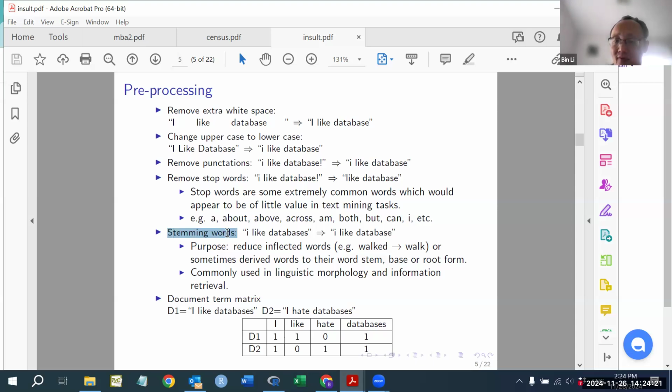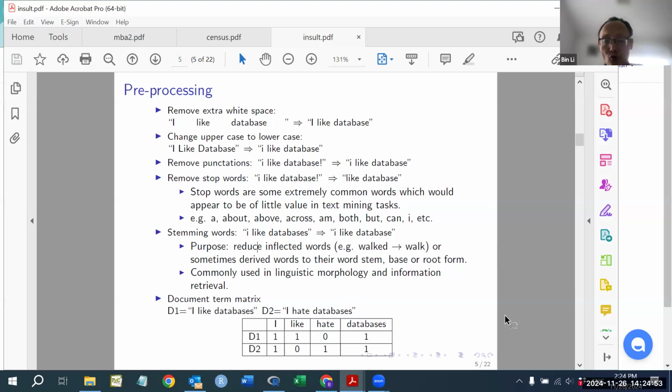Stemming the words is a very routine step. It will reduce those inflected words, such as changing the past tense to the present tense. So walked changes to walk, and plurals change to singulars. Okay, so like that. And after these steps, we will have a document term matrix.